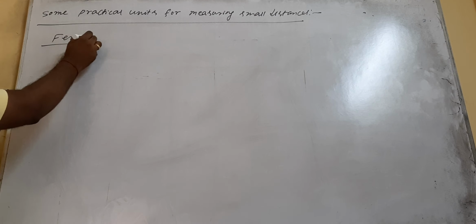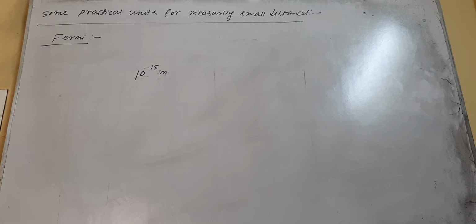When you are asked what is the size of a nucleus, you remember the nucleus size is very small. That is of the order of 10 to the power minus 15 meter. If you say it is 10 to the power minus 15 meter, then it is difficult to express.